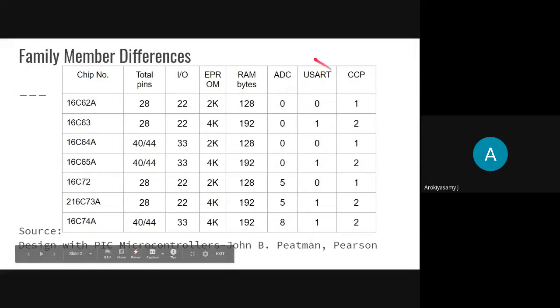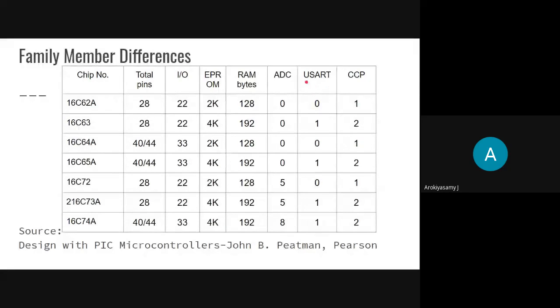Next, coming to the USART, Universal Synchronous Asynchronous Receiver Transmitter, shortly called USART. There is no USART in 62A, whereas 63 has the USART facility. USART means serial communication can be established with the help of the USART facility.